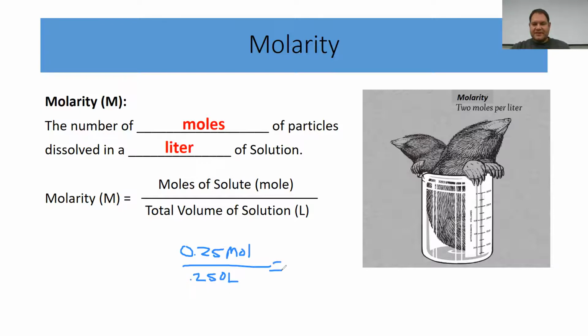Then I could take my trusty calculator, or I can do it in my head: 0.25 divided by 0.25 is just 1. So this is going to be a 1 molar solution as well, or again, you could use units of moles per liter.